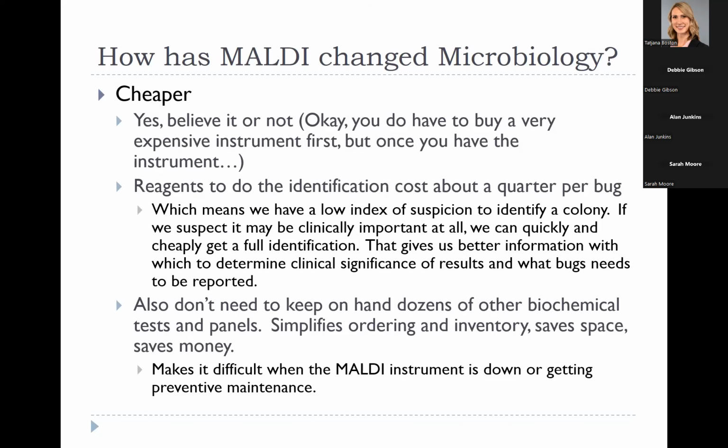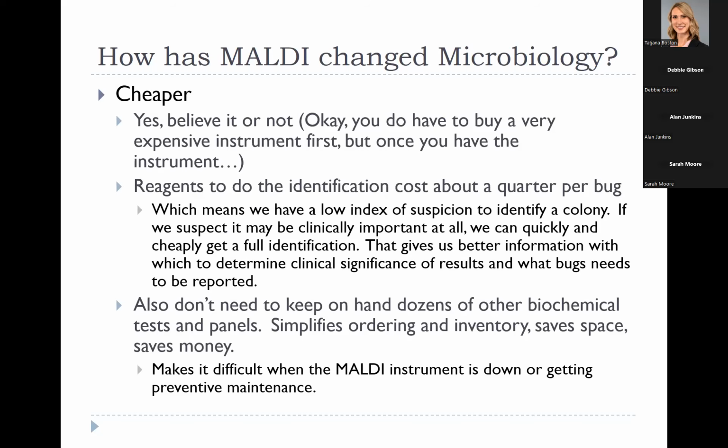Anyway, I kind of feel like this increases the chance of lab exposures and puts our employees at greater risk for infection with those. So if you're in a facility that does not have MALDI now, how can you justify it? It's an expensive instrument to bring on. We could look at hard dollars. These are things where you can actually demonstrate where you're going to save money. You are going to save money on biochemical tests. You are going to save money on sending organisms out to be identified.